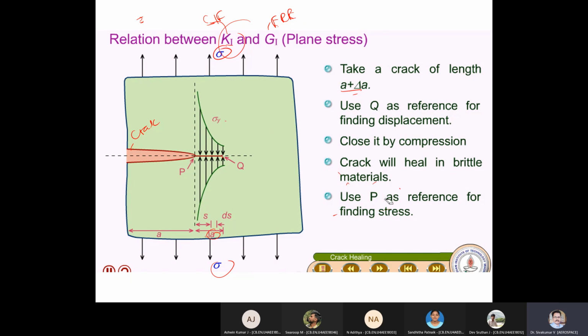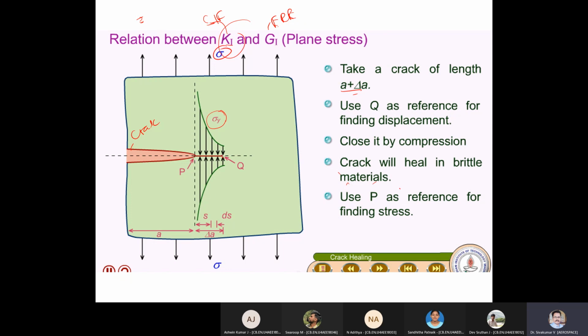This is your imagination, at delta t equal to 0 time frame. I'm considering a crack a plus delta a, so the delta a will bulge. So I'm giving a pseudo force or imaginary force, sigma y, in this fashion. That time it's a compressive force because the crack is expanding.